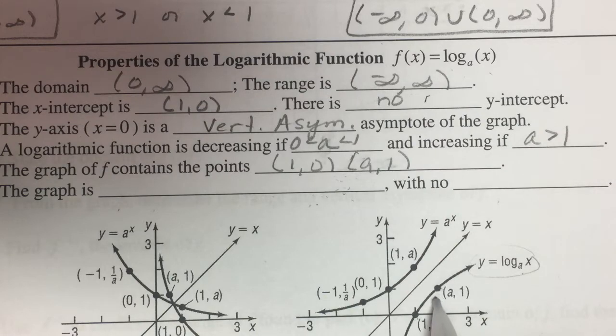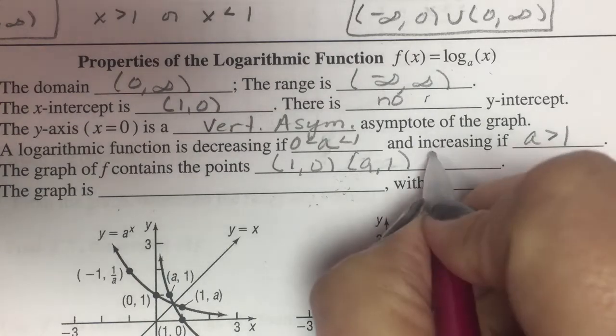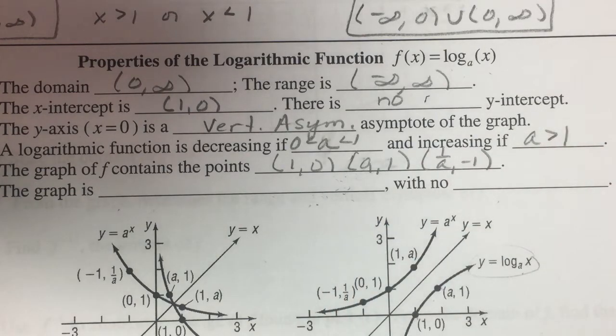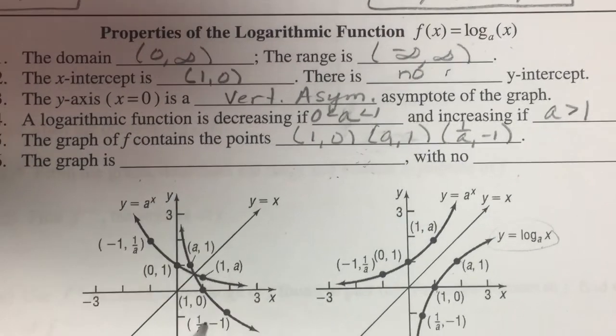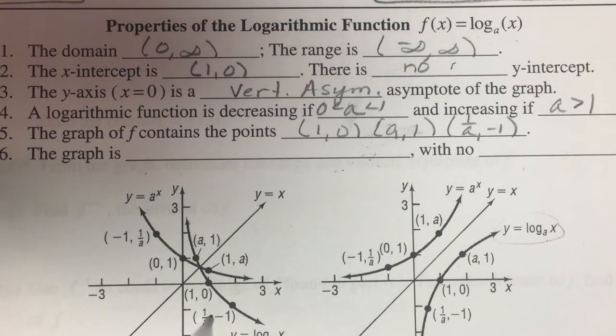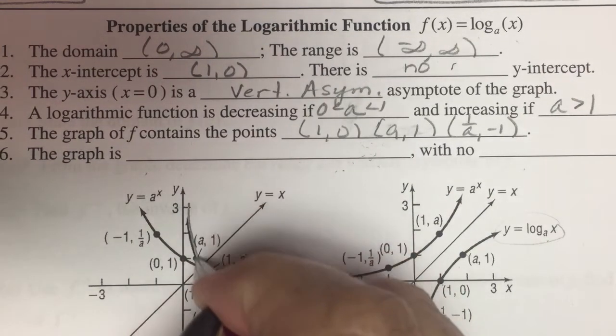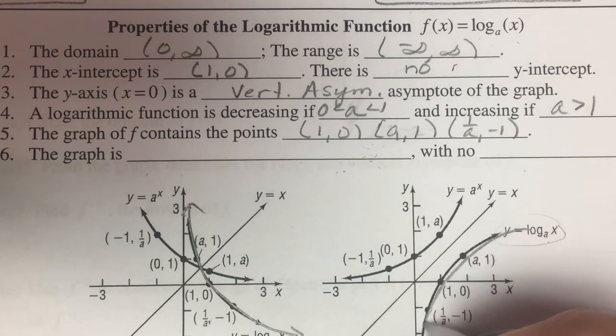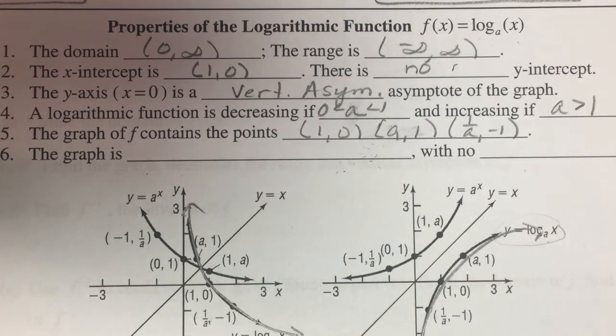And it's also going to contain the point (1/a, -1). So that would be this one right here. You can see that in the picture. So remember, this was the log function, and this was the log function. So that's where we're taking those points from.